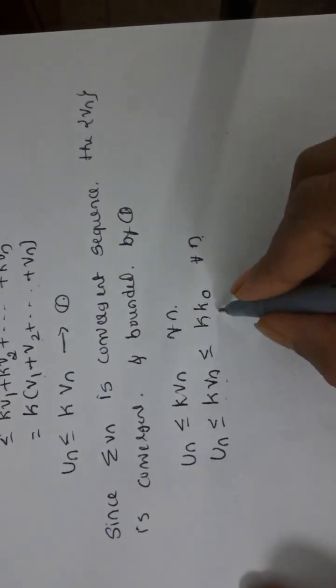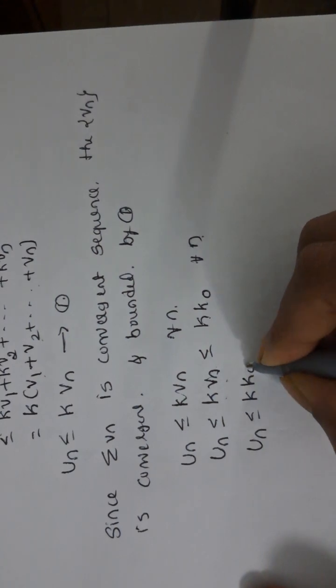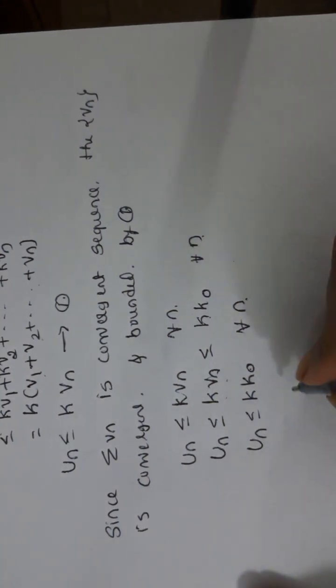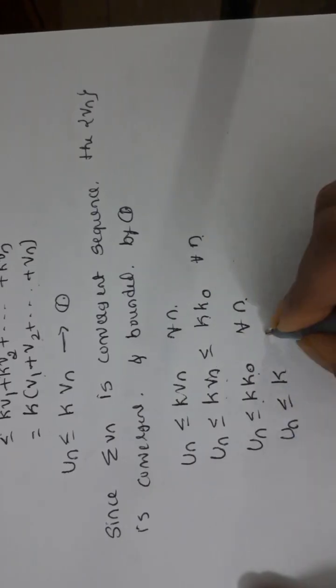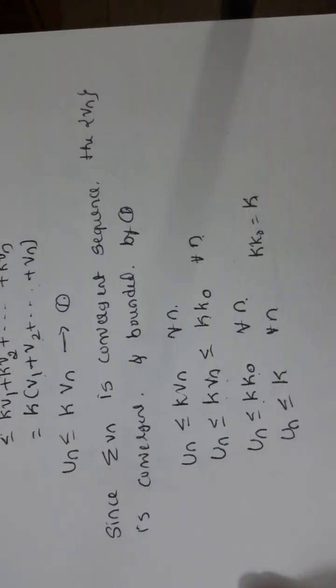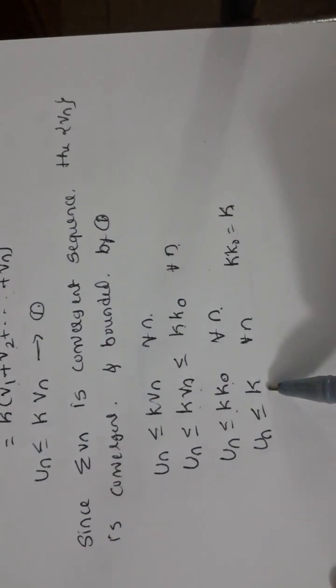So un is less than or equal to k into k naught for all n, and k into k naught I will write as one number, some capital K. Now if you observe, un is less than or equal to some K, where K is a number.